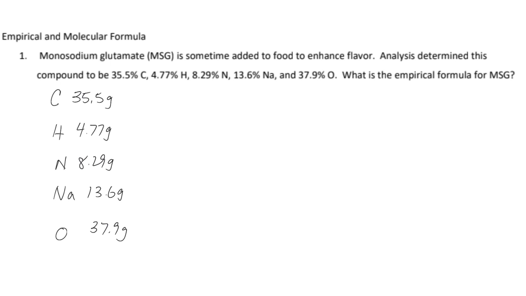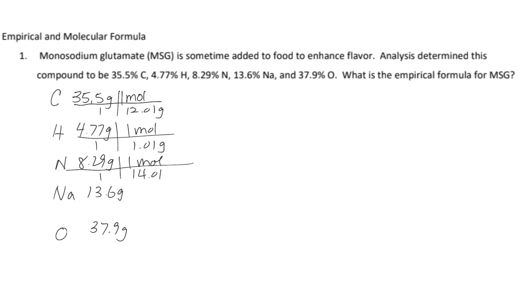Done. Now, mass to moles. We convert each of these values to mole values. So 1 mole of carbon has a mass of 12.01 grams. I get that from the periodic table. 1 mole of hydrogen is 1.01. 1 mole of nitrogen is 14.01. 1 mole of sodium, 22.99. And 1 mole of oxygen is 16.